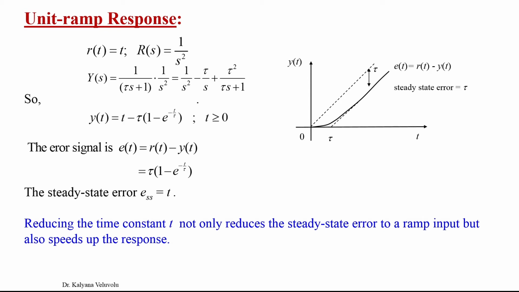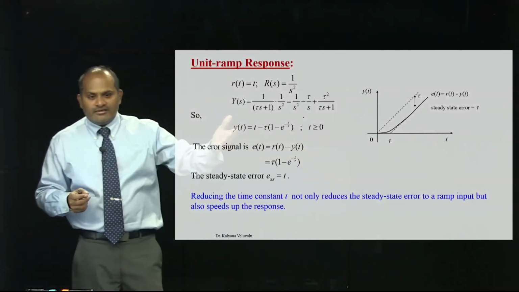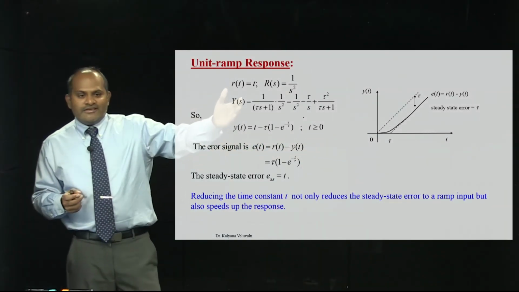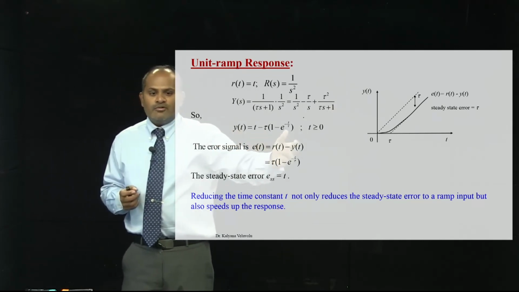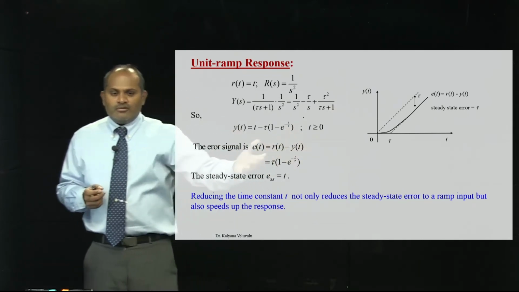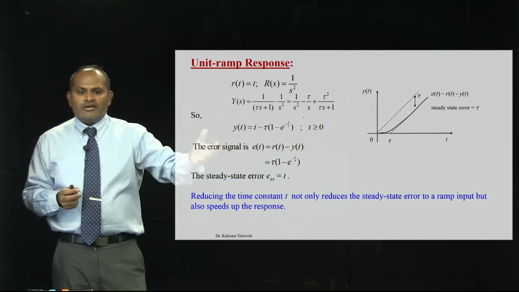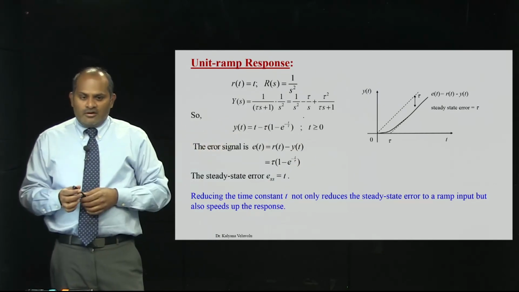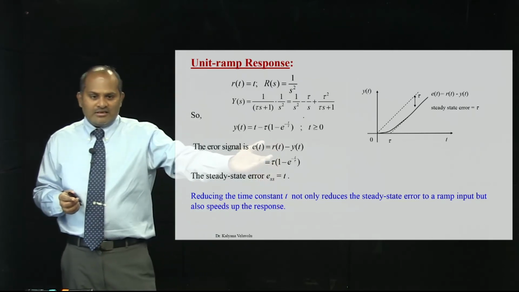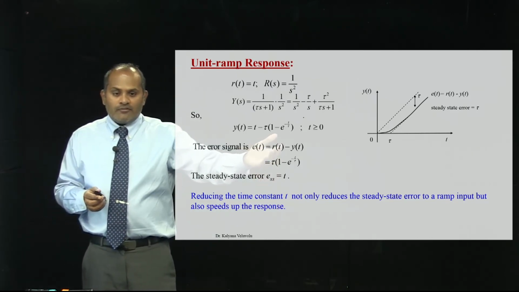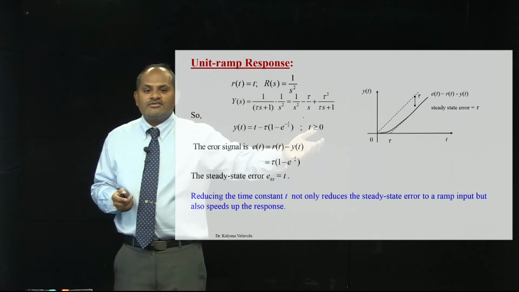This is slightly interesting, because what we see here is the input is t and the output is t minus tau into (1 minus e power minus t by tau). The formulation here is slightly more complicated compared to the unit step. Now, if we analyze the error, the reference is t and the output is t minus tau into (1 minus e power minus t by tau).